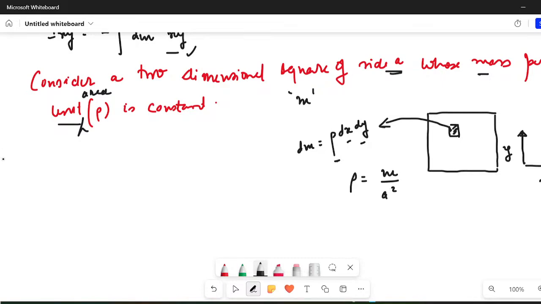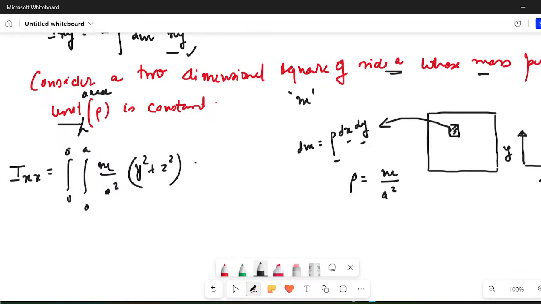Now let us compute the moment of inertia for this particular square. Ixx would be given by the integral 0 to a, where rho is m upon a square, and then you will have y square plus z square, and then dx dy. I know that I'm on this xy plane, so clearly z must be equal to 0.